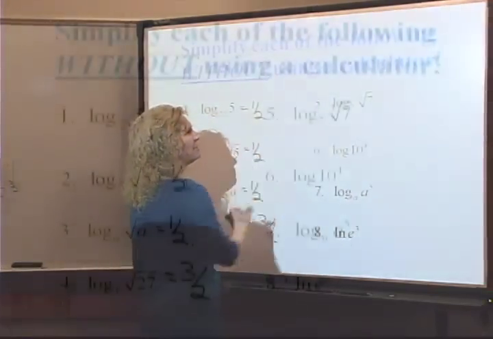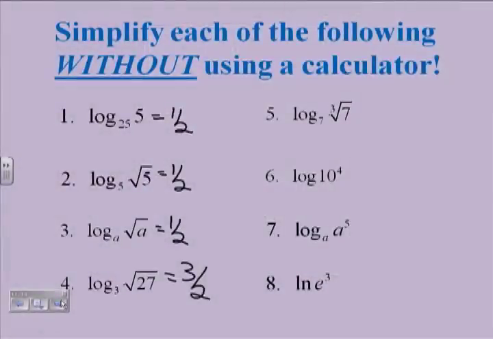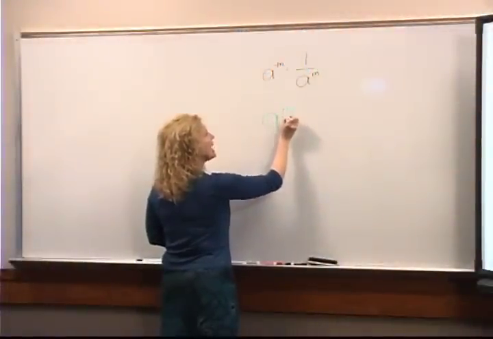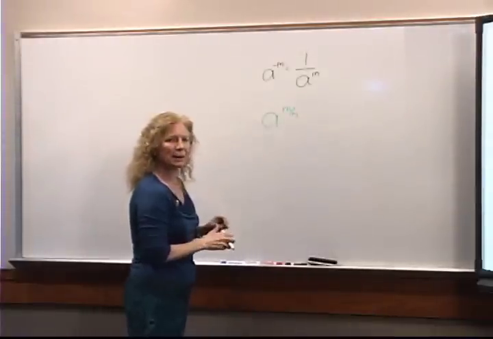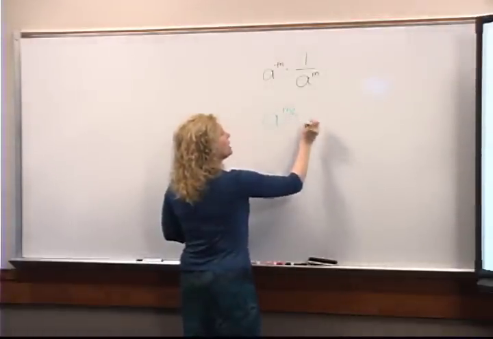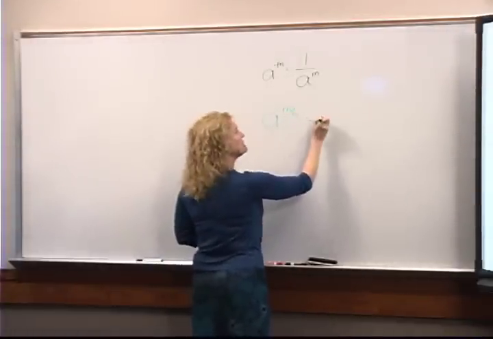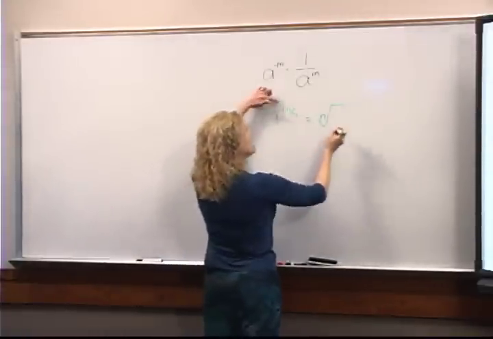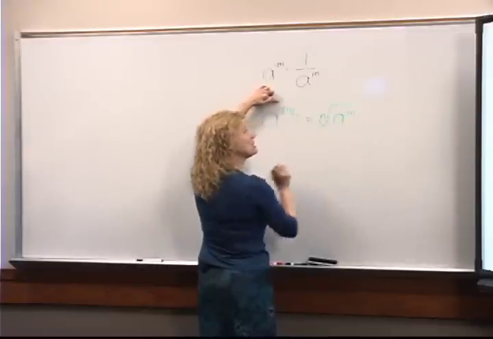Number 5. You may or may not be comfortable with this notation, and I'm pretty sure in a previous lesson we talked about this a little bit. The idea of the fractional exponents. If I have a raised to the m over n power, this denominator becomes the index on my root, and the numerator stays as the power.